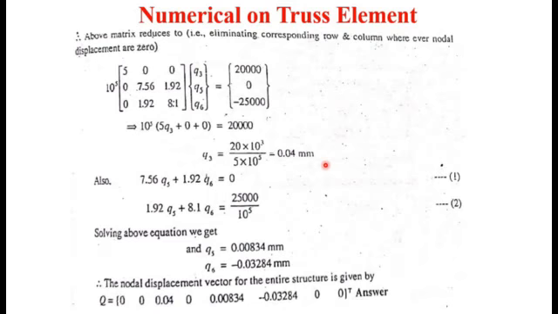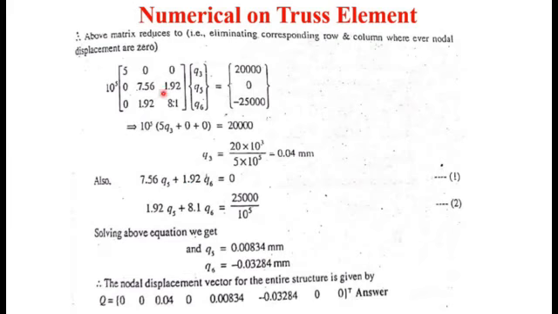Then the next, second equation: 0 into q3 is 0, 7.56 into q5 plus 1.92 into q6 is equal to 0.